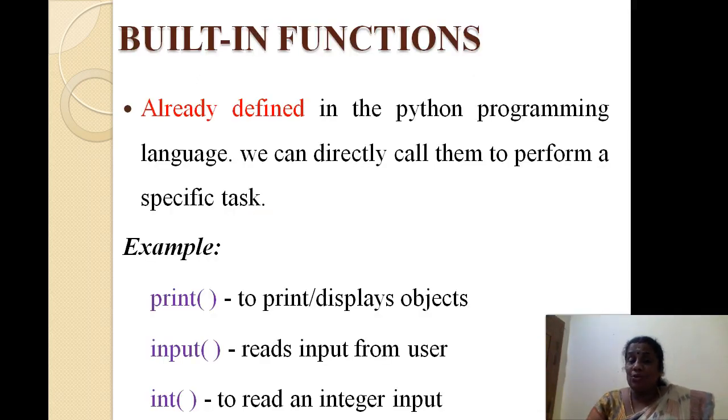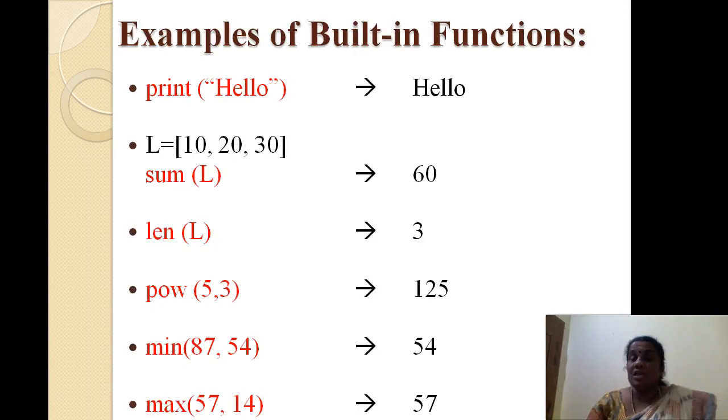As I told, there are two types of functions, built-in functions and user-defined functions. First, we will see what a built-in function is. The function has already been defined, so we can directly call it and perform that specific task. For example, print and input are built-in functions. If you want to use them, you can use them.